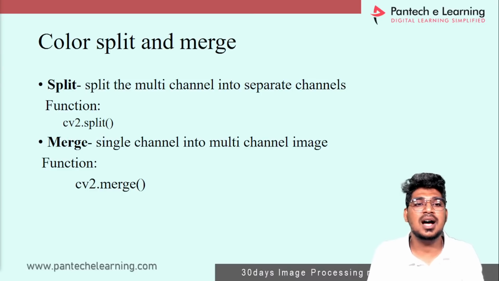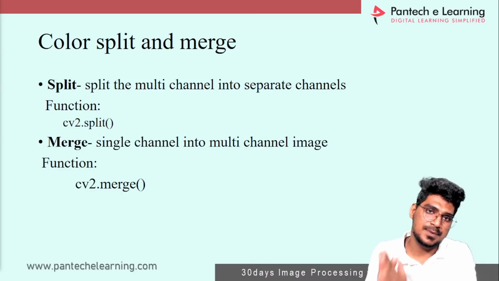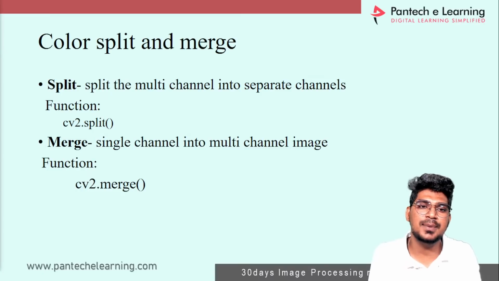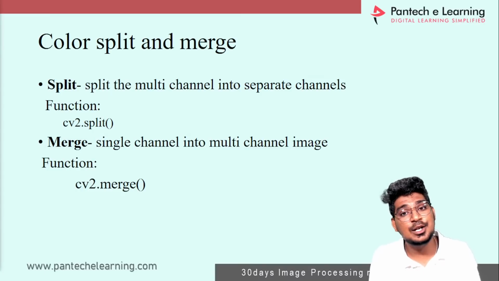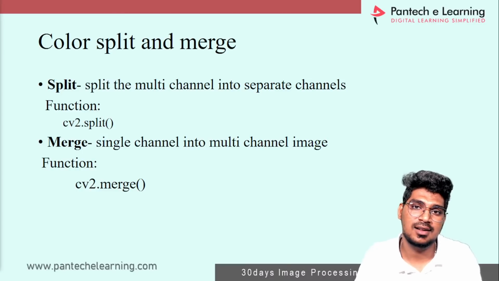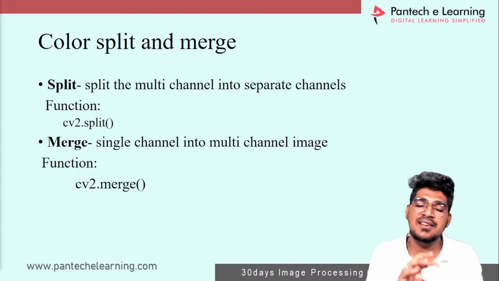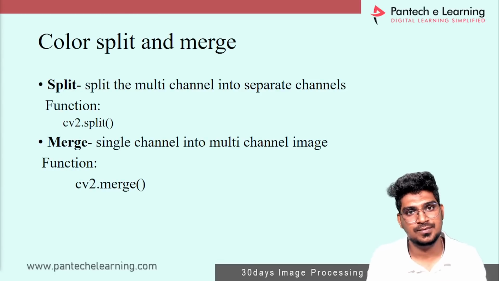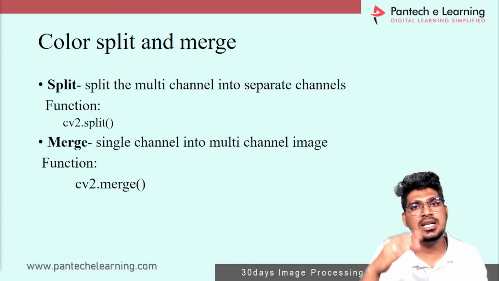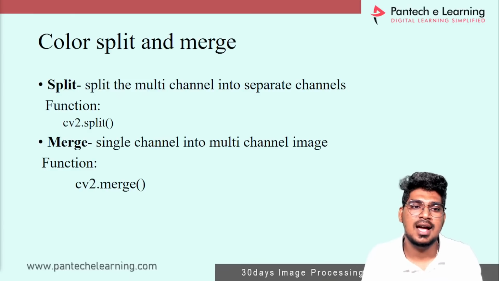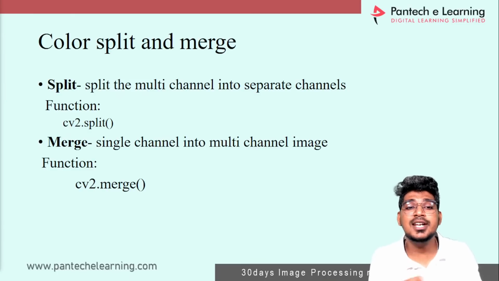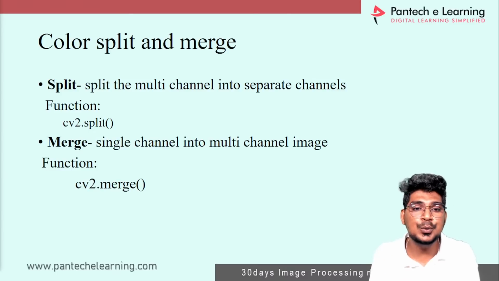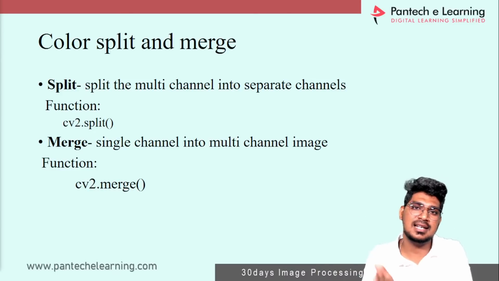Yes. So now the color split and merge concept. This function helps to convert a multi-channel image into separate channels. That means every image has 3 channels, RGB, and it will be converted into separate channels. And what about merge? cv2.merge will help to combine single channels into a multi-channel image.